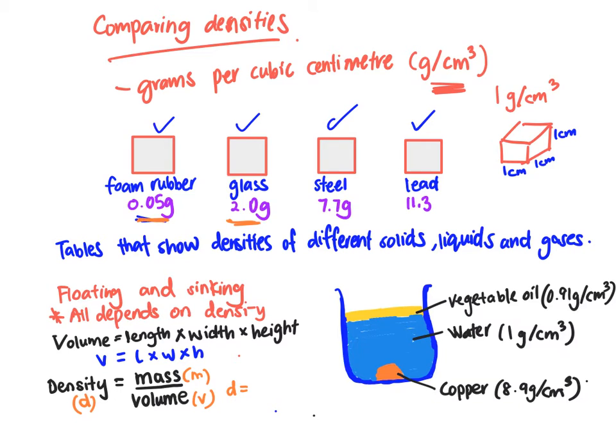Foam rubber, even though it is the same size as the glass, only weighs 0.05 gram, compared to glass, which weighs 2 gram, steel 7.7 gram, and lead 11.3 gram, which is the heaviest. So if I rate from least dense to most dense, it will be this one, followed by that one, followed by steel, and lastly lead, which is the most dense.